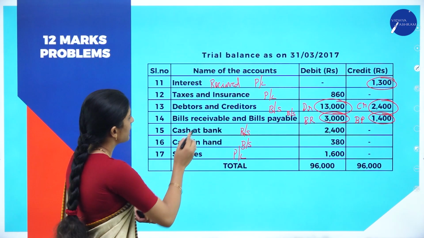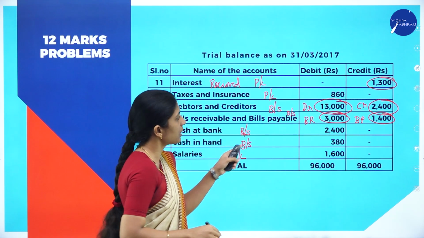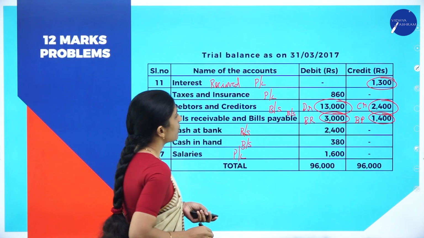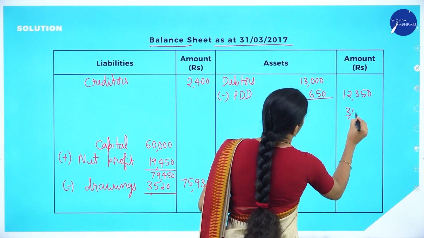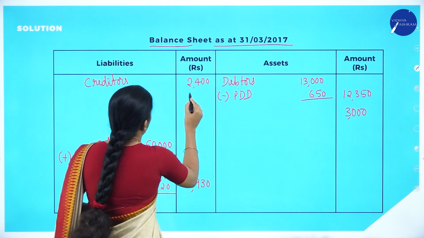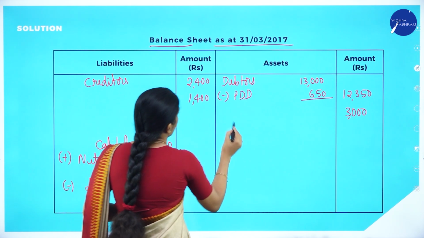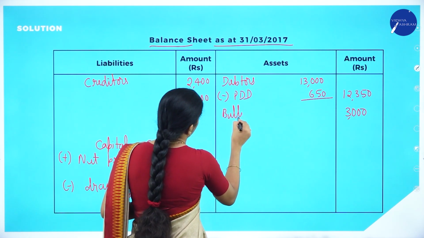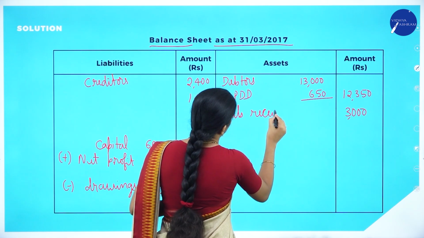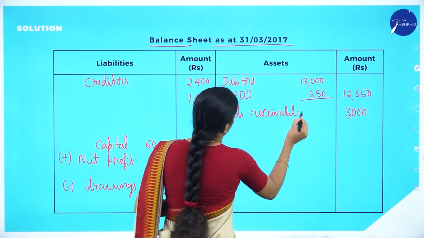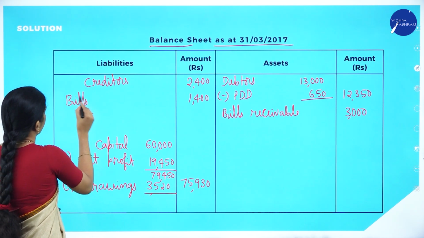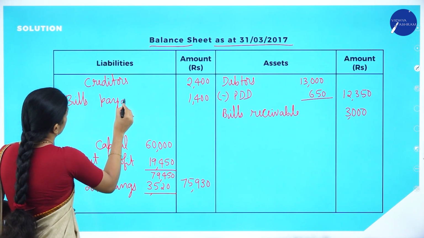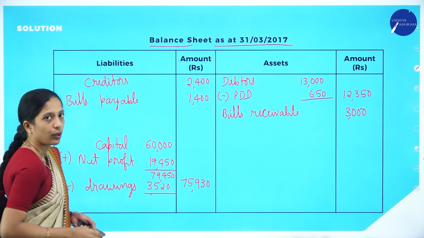Bills receivable and bills payable. Bills receivable is an asset, bills payable is a liability. 3,000 and 1,400. So this is 3,000 bills receivable and 1,400 is bills payable. Okay.